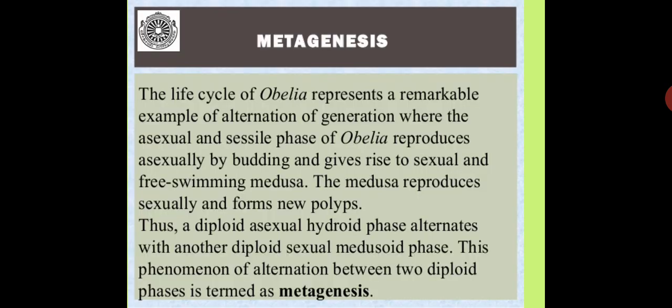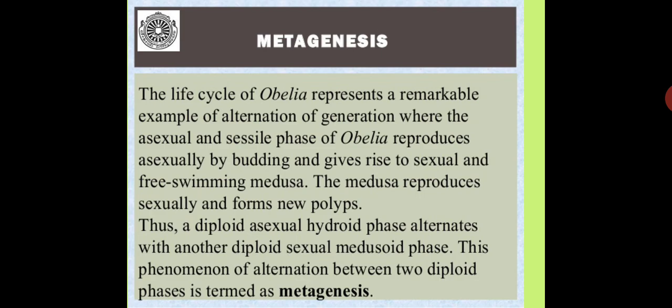Metagenesis. The life cycle of Obelia represents a remarkable example of alternation of generation, where the asexual and sessile phase of Obelia reproduces asexually by budding and gives rise to the sexual and free swimming medusa. The medusa reproduces sexually and forms new polyps.